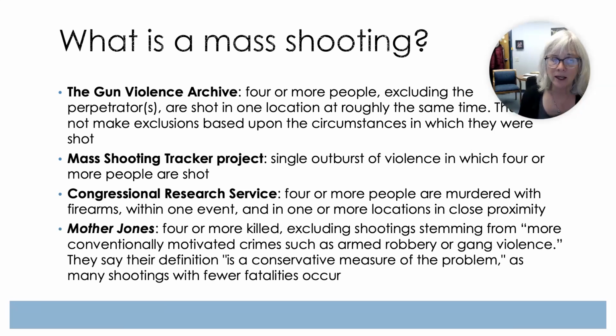And finally, Mother Jones says 4 or more killed, excluding shootings stemming from more conventionally motivated crimes, such as armed robbery or gang violence. And as they note, it's a more conservative measure of the problem because we have fewer shootings with fatalities.